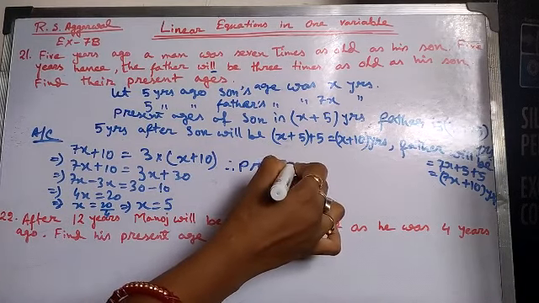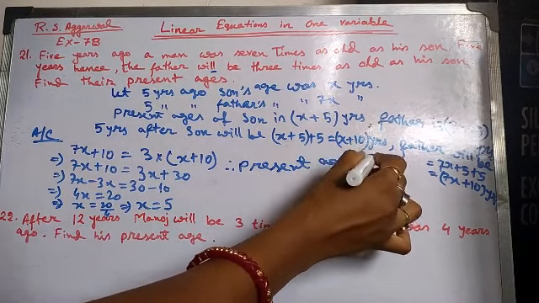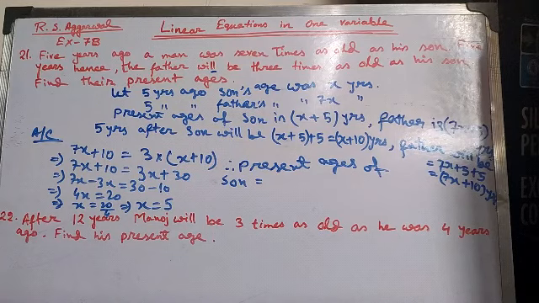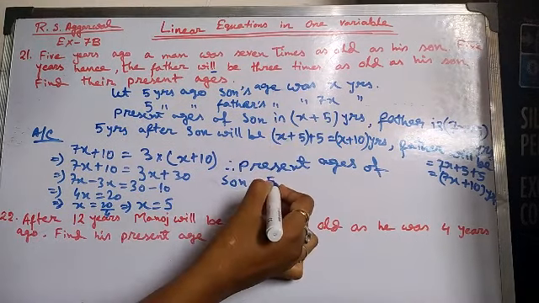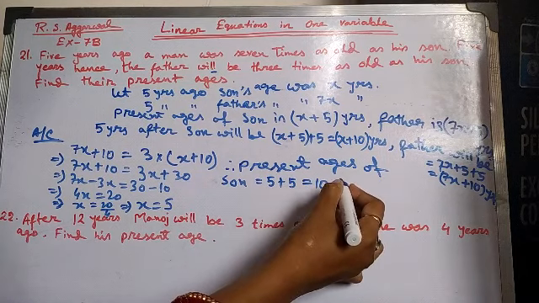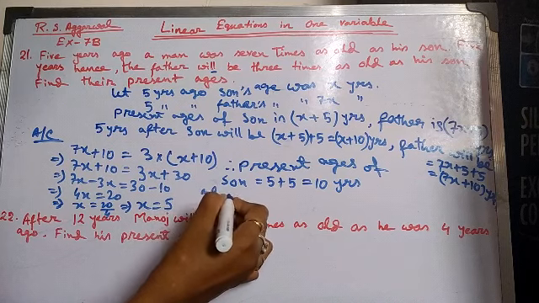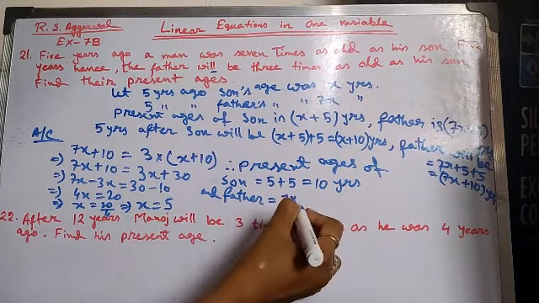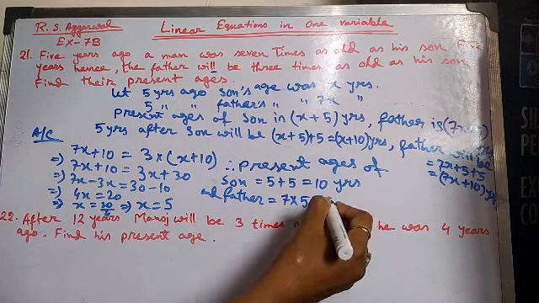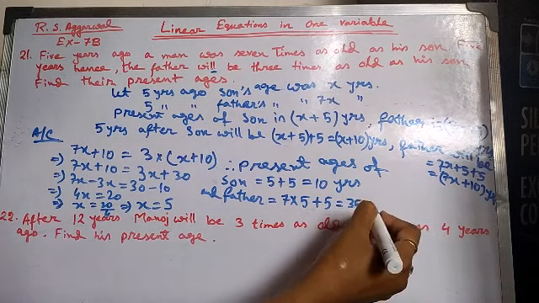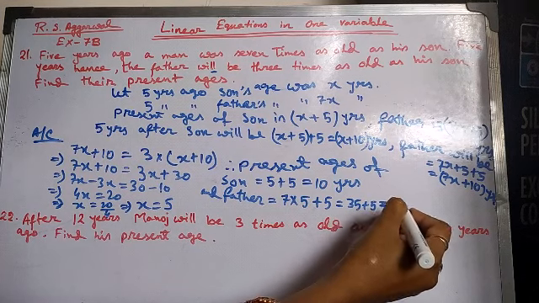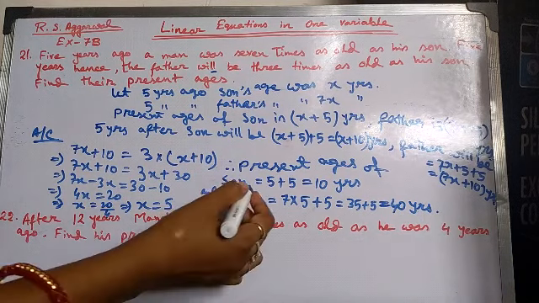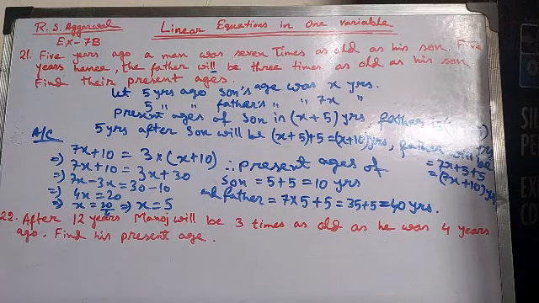Therefore, present age of son equal to x plus 5, that means 5 plus 5 equal to 10 years, and father is 7x plus 5, that means 7 into 5 plus 5, that means 35 plus 5, that means 40 years. So son is 10 years, father is 40 years.